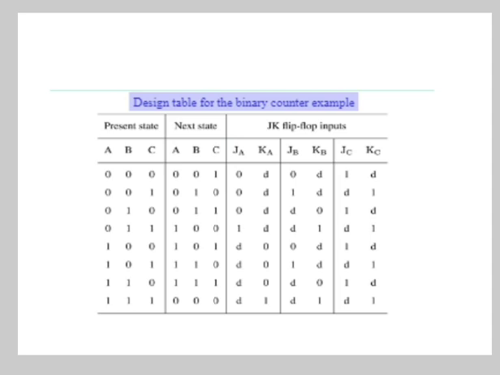The information available in the state table can be represented graphically in a state diagram. As a combinational circuit can be described in a tabular format called truth table, similarly the behavior of the sequential circuit can be described in a tabular format called state table and can be represented graphically in a state diagram.